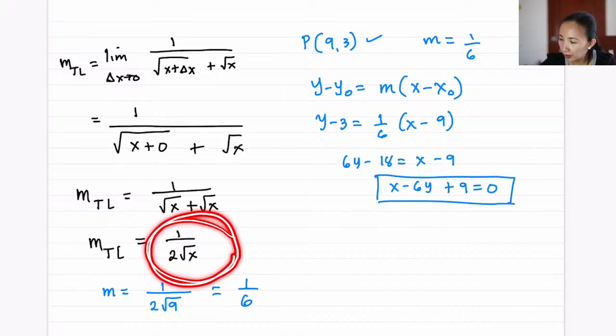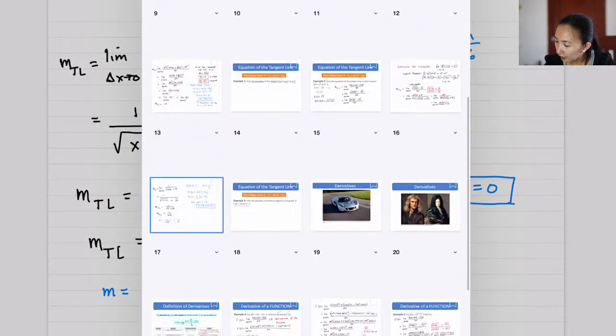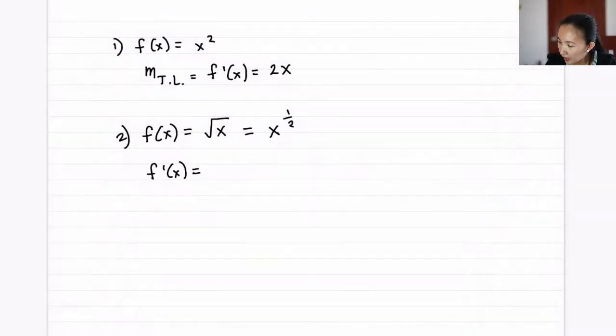So let me see if you are observant. Here the result is 1 over 2 square root of x or 1/2 x raised to 1/2.